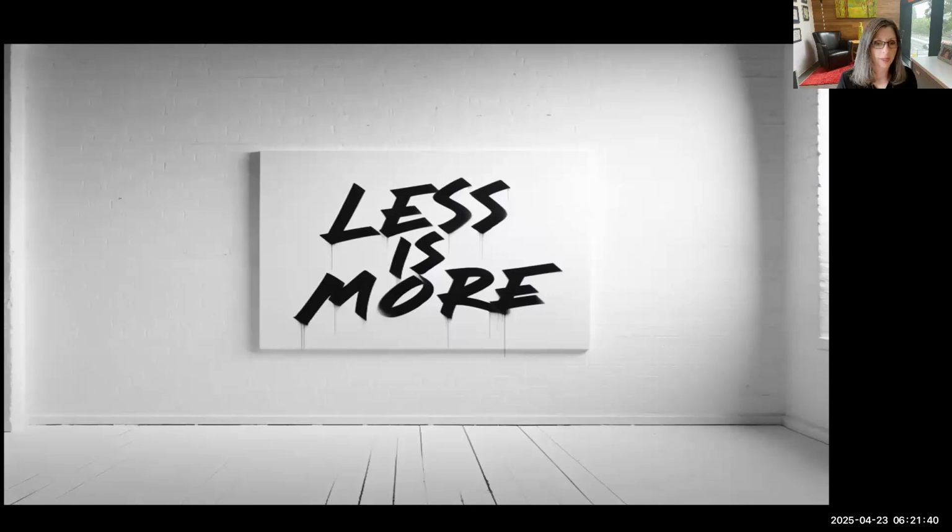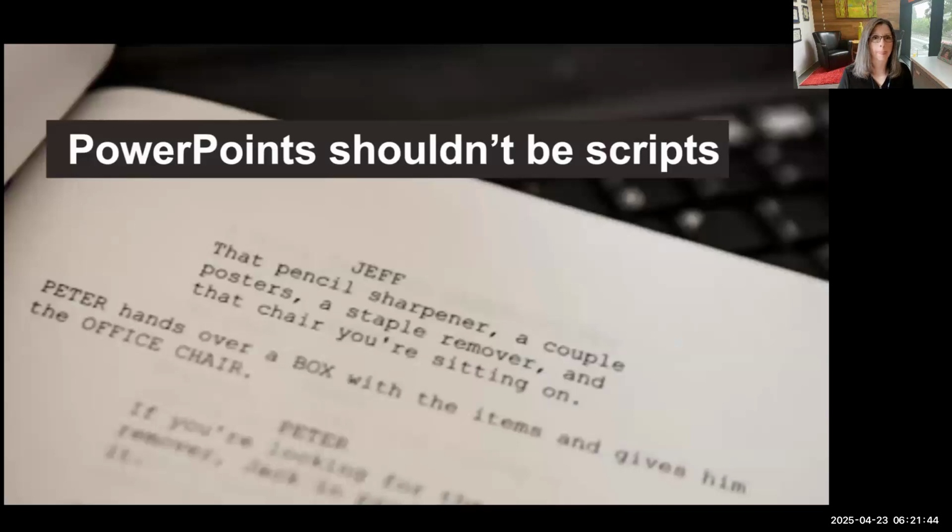Right. The other thing that this relates to for me is PowerPoints shouldn't be scripts. And what I mean by that is everybody in the audience should be able to read the information that you put up there. And so what's usually really distracting is the presenter just simply reading the bullet points to the audience.